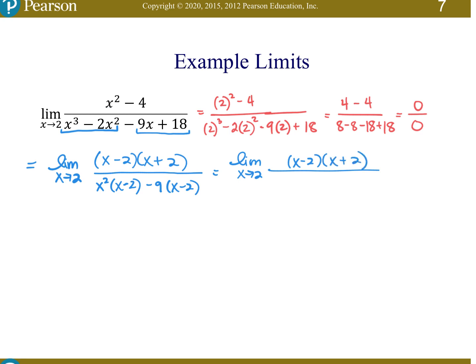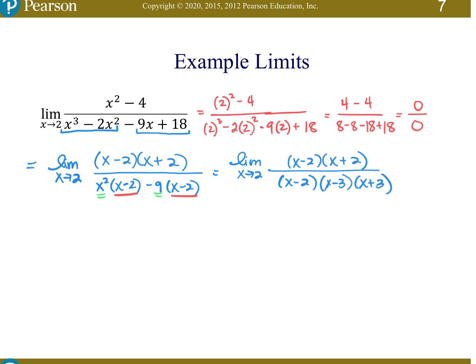My denominator now, this is algebra, where I notice that both terms have x minus 2. So I recognize that x minus 2 is a common factor. And then x squared minus 9, the remainder parts, this term that's left here, I could write x squared minus 9 as the second factor, but I also know that that is the difference of squares also. So instead I'm going to say x minus 3, x plus 3.